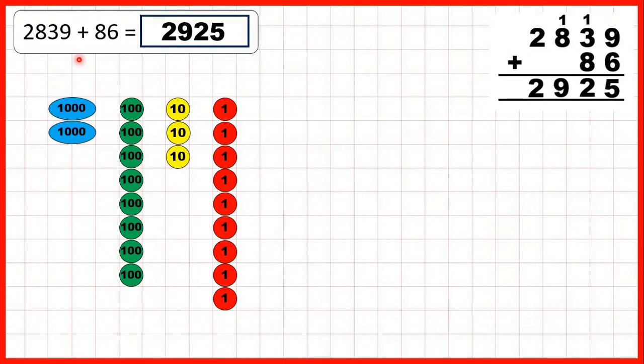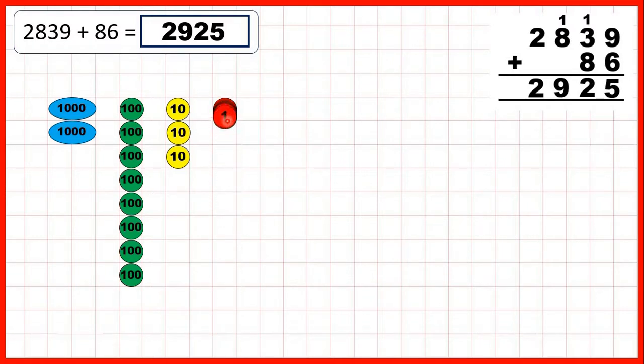We can also show the addition using place value counters. So we start by adding 6 ones, but remember when we've got 10 we exchange. So we add 1, exchange, then add 2, 3, 4, 5, 6. Then we add 8 tens, and remember again, when we've got 10 tens, we can exchange those for 100.